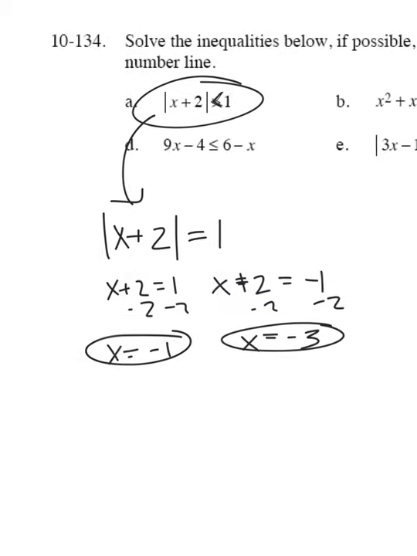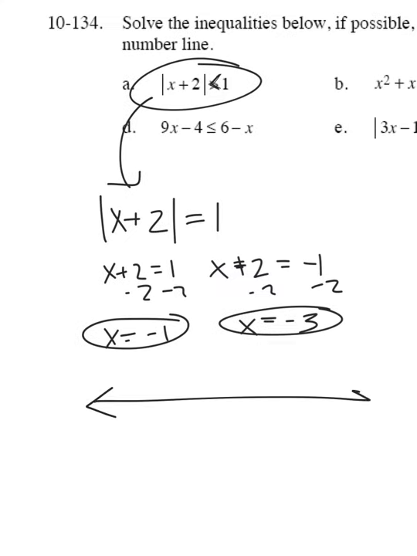These are our boundary points, not our final answer. So we go to our number line, 0, negative 1. And once again, we have a strictly less than symbol, not an equal to. So we're going to start with open circles at negative 1 and negative 3. And then we can test a point in between them or outside of them.